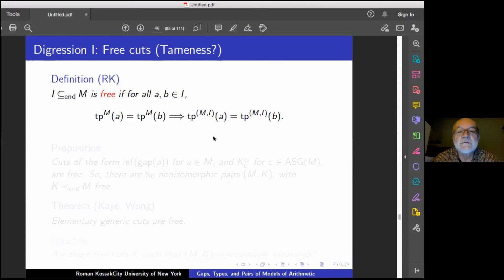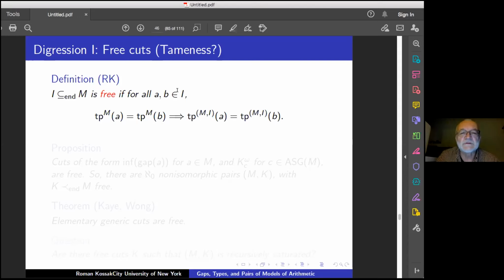I defined something, in my early days, a very simple notion of, I wouldn't say necessarily tameness, but freeness of a cut. It's a very simple definition, and it can apply to just an arbitrary subset as well. I said that a cut is free if it has this property: if you take any two elements in the cut, if they have the same type, then the types remain the same after you throw in the predicate for the cut.